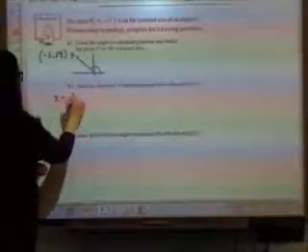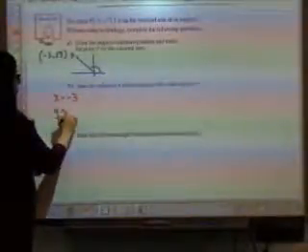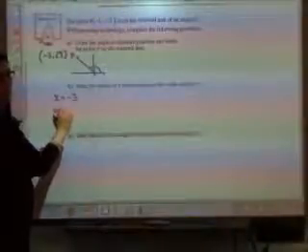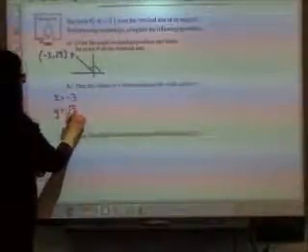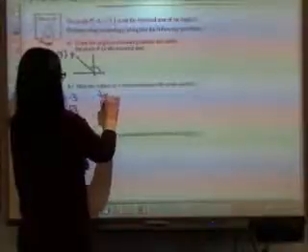So it says state the variables of x and y. So what's x equal to? And what's y equal to? Root 3. So then what's tan theta?